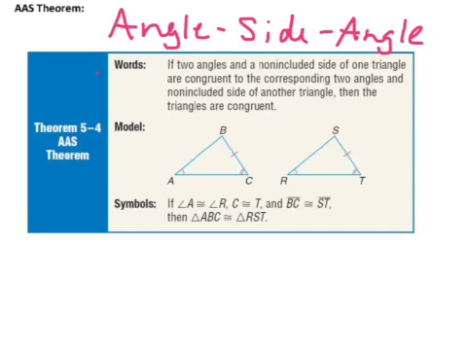So let's look at the diagram here. I have that triangle ABC is congruent to triangle RST by the reasoning of the angle side theorem.